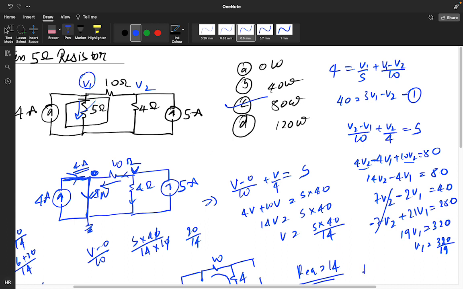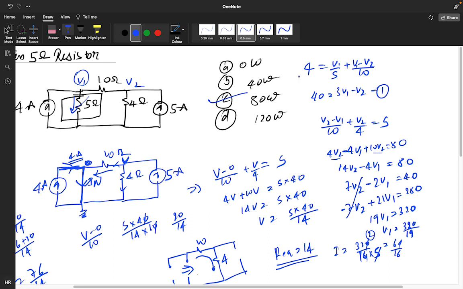So get the value of the current, 320 by 19 into 5. So 5 into 2, so you will get 64 by 19. Okay, I think we made some mistake here.